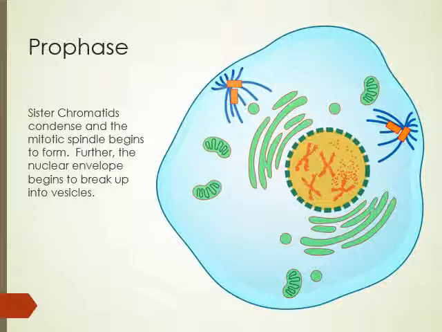So the three things happening: the nuclear envelope goes away, the chromosomes condense, and the microtubules begin to form at the centrosome. No more nucleus, chromosomes appear, and the microtubules begin to form. That's all step one, prophase.